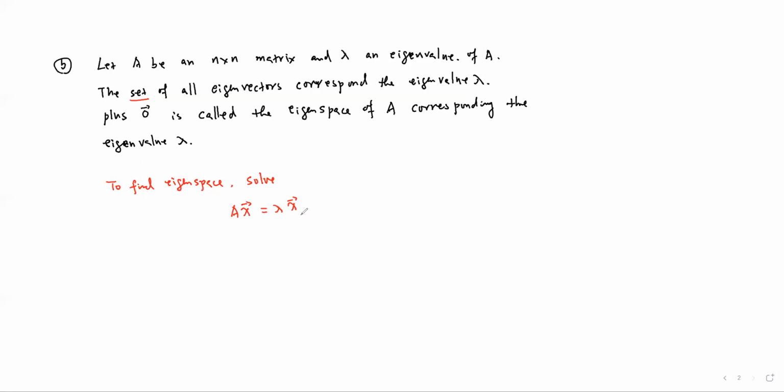But this equation, I can rewrite it by moving the vector on the right side to the left side. Then the right side is a zero vector. Then take out x. But before I take out x, don't forget, put in an identity matrix, because a matrix minus a scalar is not computable. So now take out x.